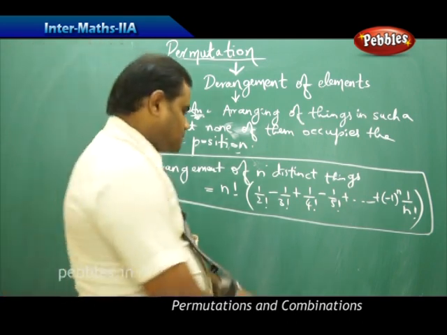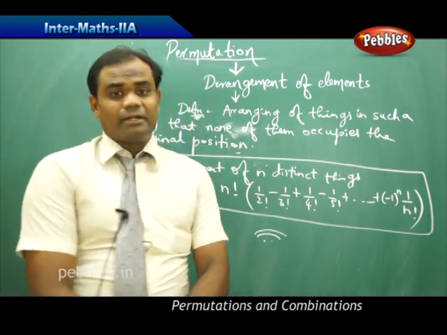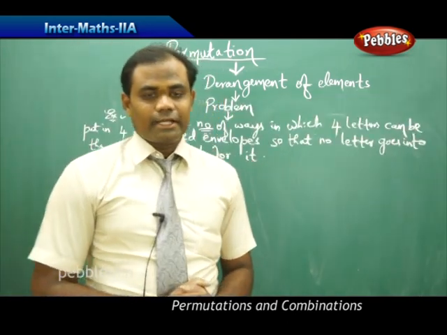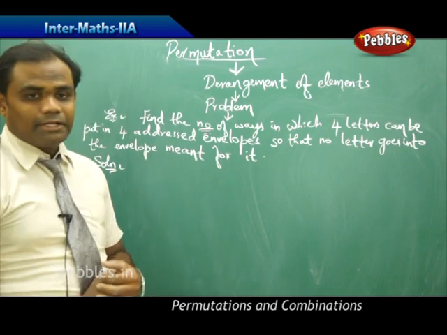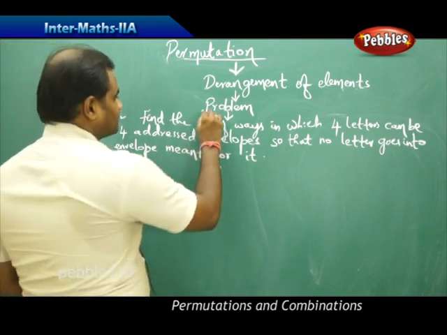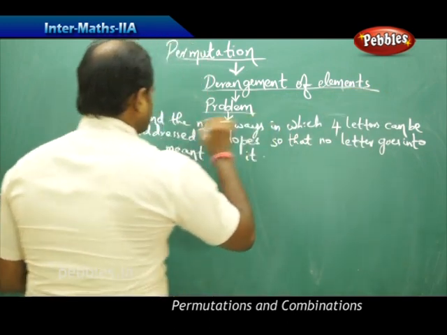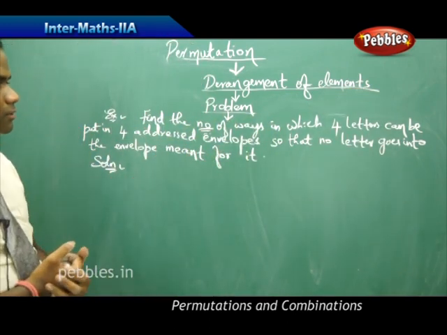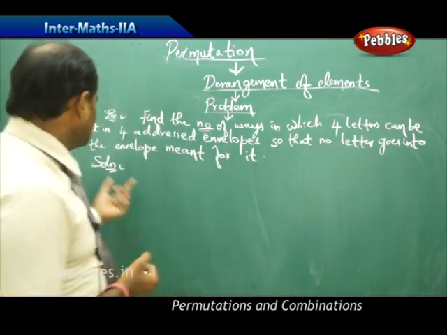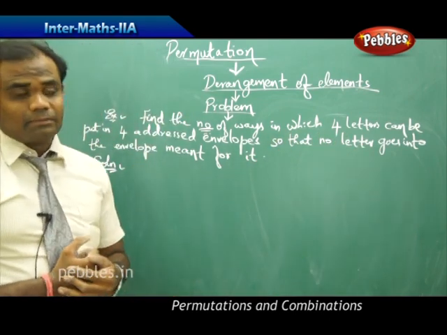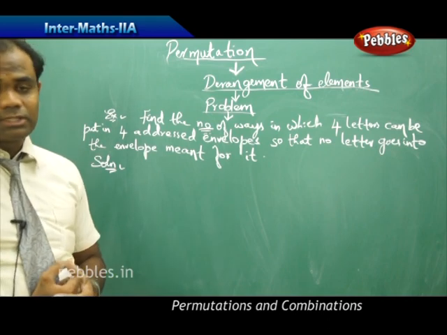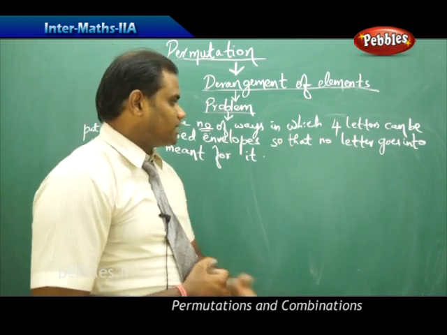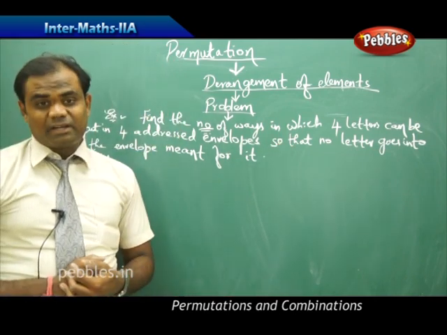Let's take an example problem to understand derangement of elements more clearly. The problem says: find the number of ways in which 4 letters can be put in 4 addressed envelopes, a problem related to the postal department, so that no letter goes into the envelope meant for it.